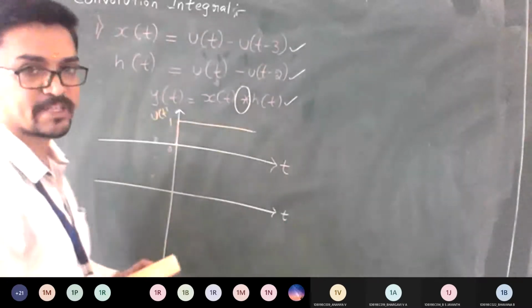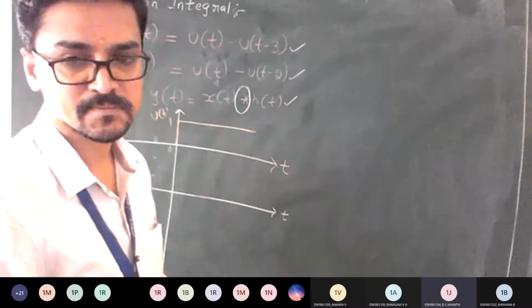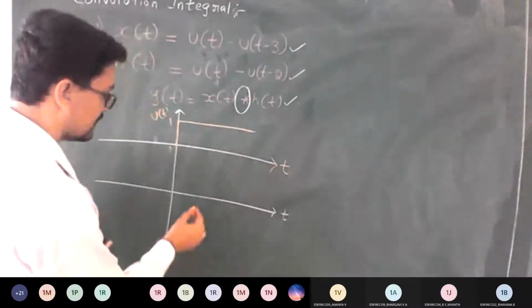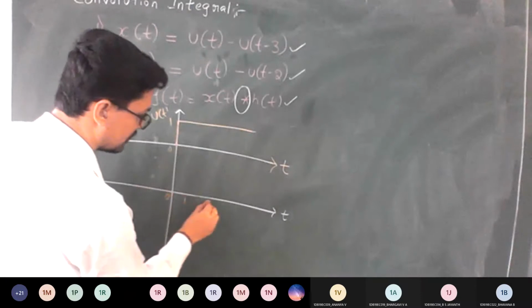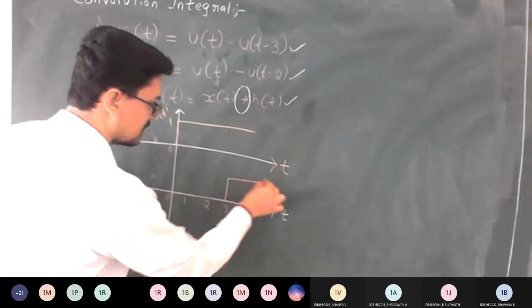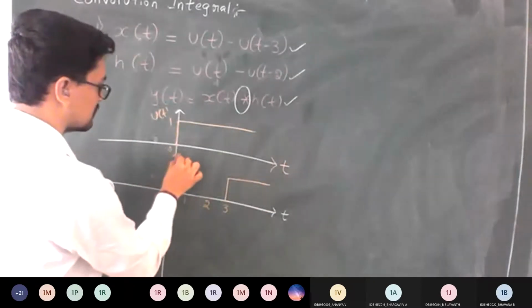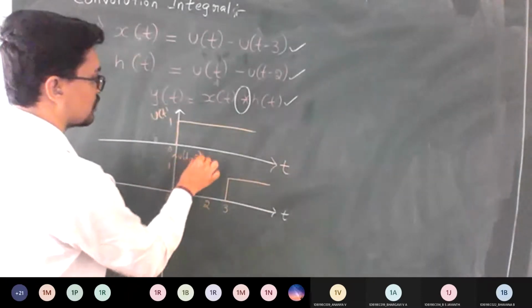I hope you remember u of t minus 3 means what? Is it advance or delay? Delay, sir. Good, delay. Delay by how many? 3. So 0, 1, 2 and 3. It means I can start my u of t signal from 3. So this is how my u of t minus 3 looks like.